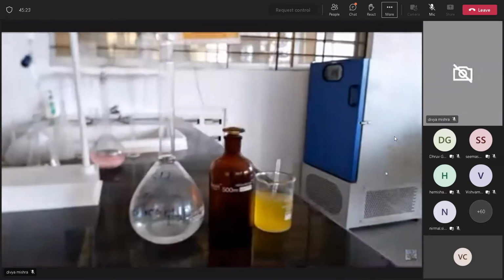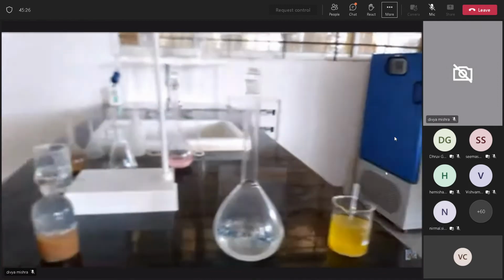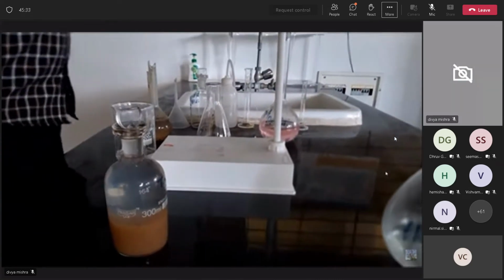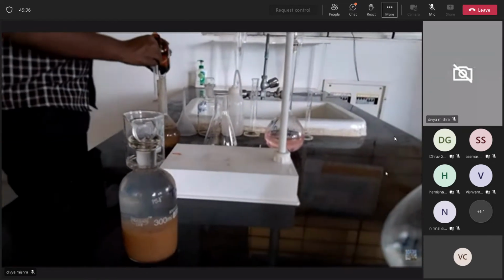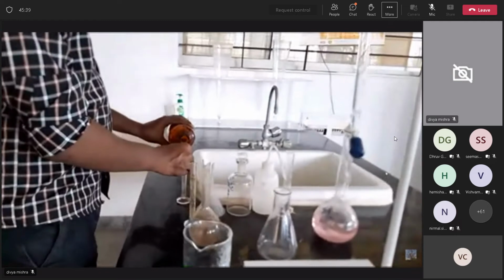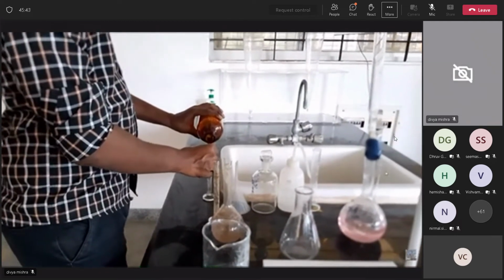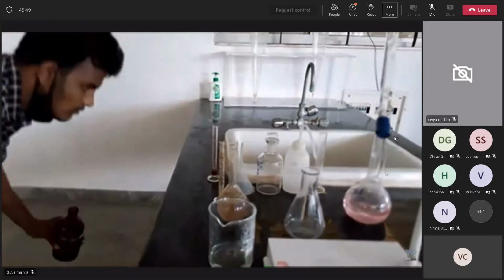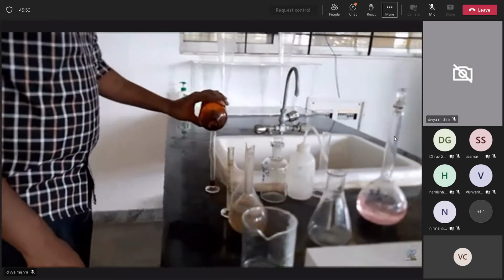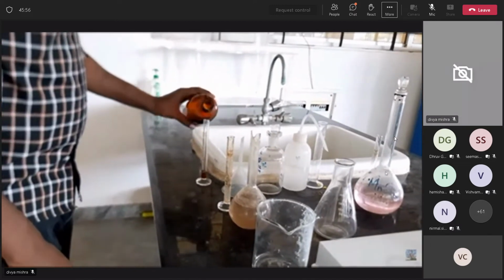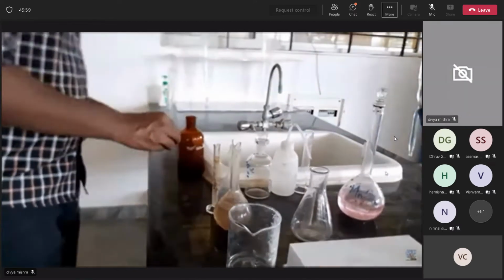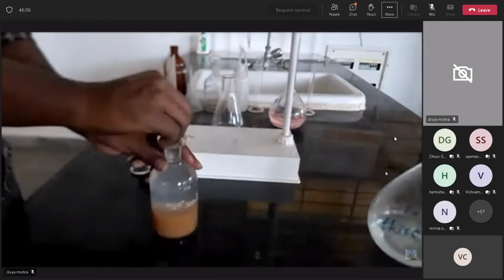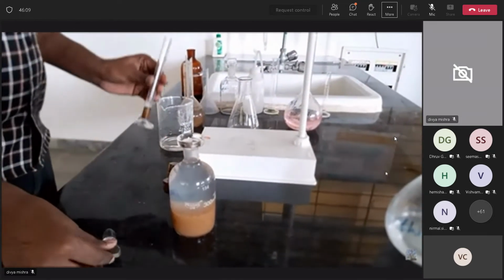Now we'll add concentrated sulfuric acid. So 2 ml of concentrated sulfuric acid is added to the sample after the precipitation.